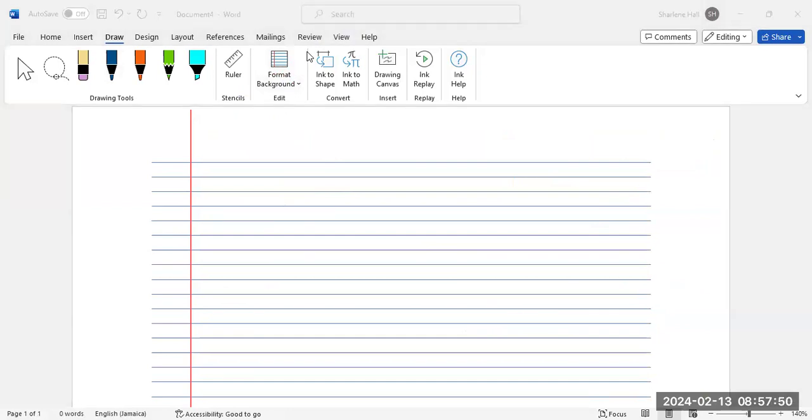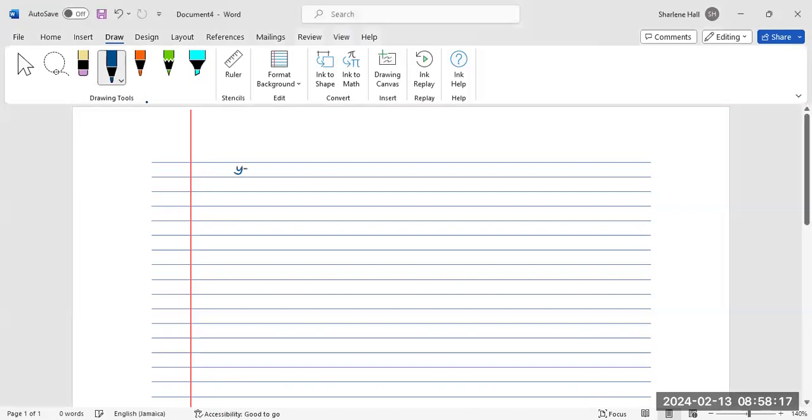Are you seeing my new screen? Yes, sir. All right, do me a favor. Somebody read the question for me, please. Y equals 2x to the 5 square root x squared minus 1.